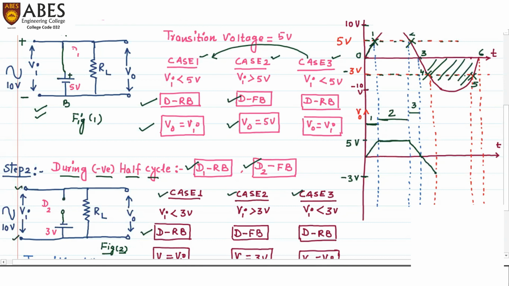Now let's take case number 2, where Vi is greater than 3 volt. That means the input is going to decide whether the diode will be forward biased or reverse biased. So let's put the diode here.